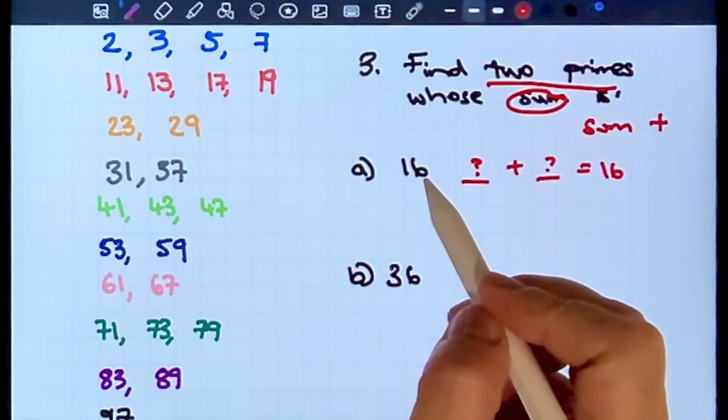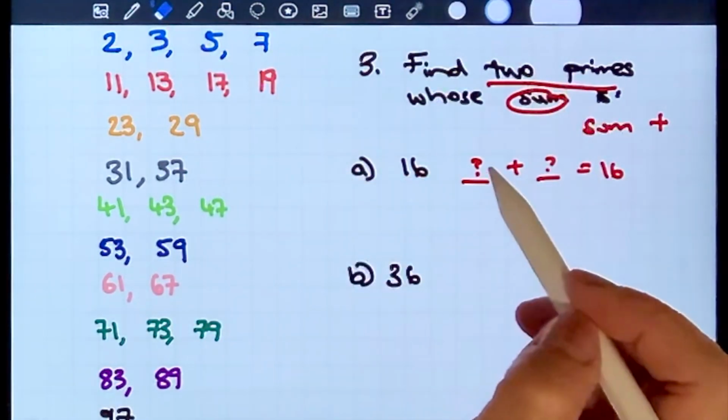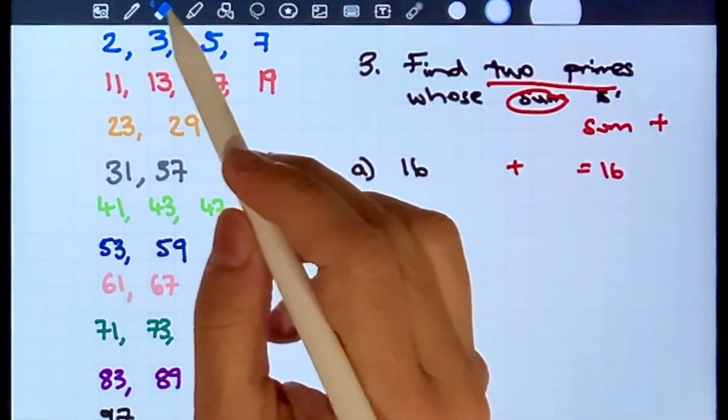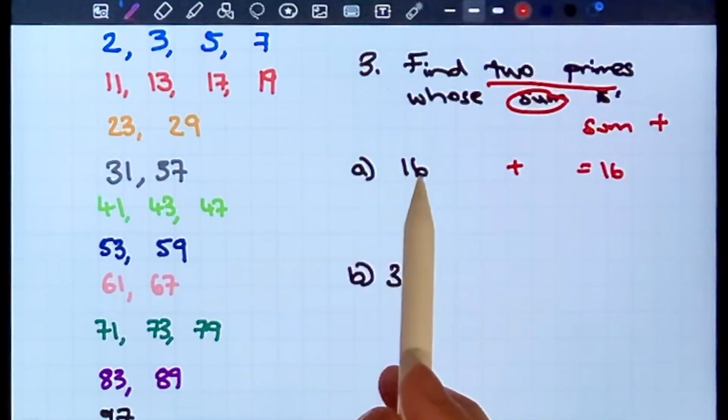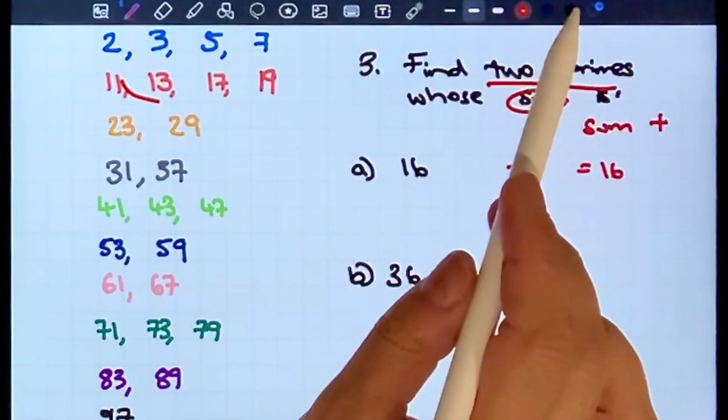16. That's what that means. Okay, so let's go ahead and look for two numbers. So I'm looking for 16, so I'm gonna go over here.